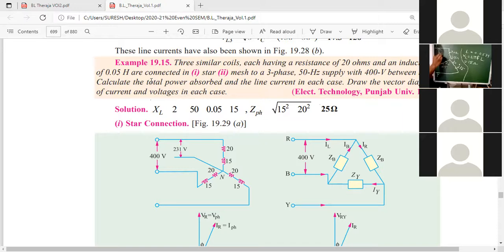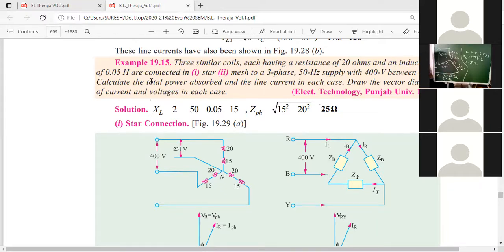Your VL is 400. In star connection, VL is equal to root 3 into V phase, and IL is equal to I phase.